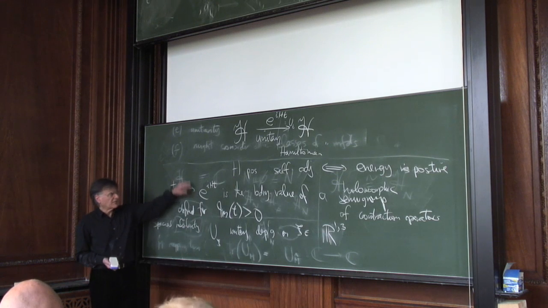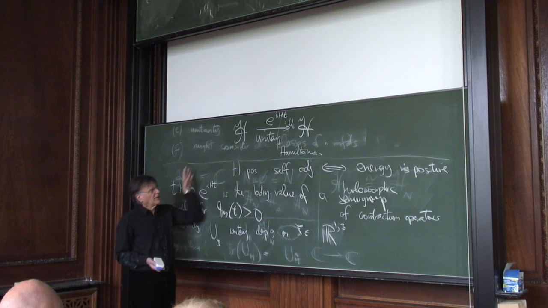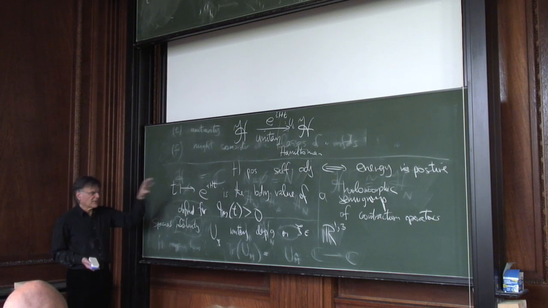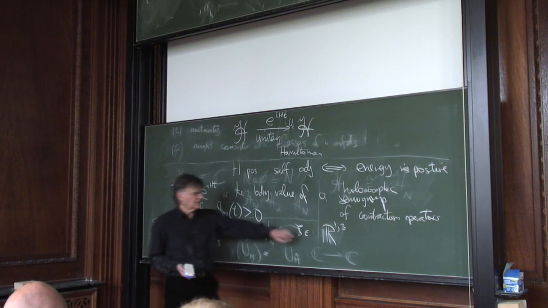And in special relativity, we often consider a system where we have this unitary operator corresponding to being able to displace the system any way we like in Minkowski space.